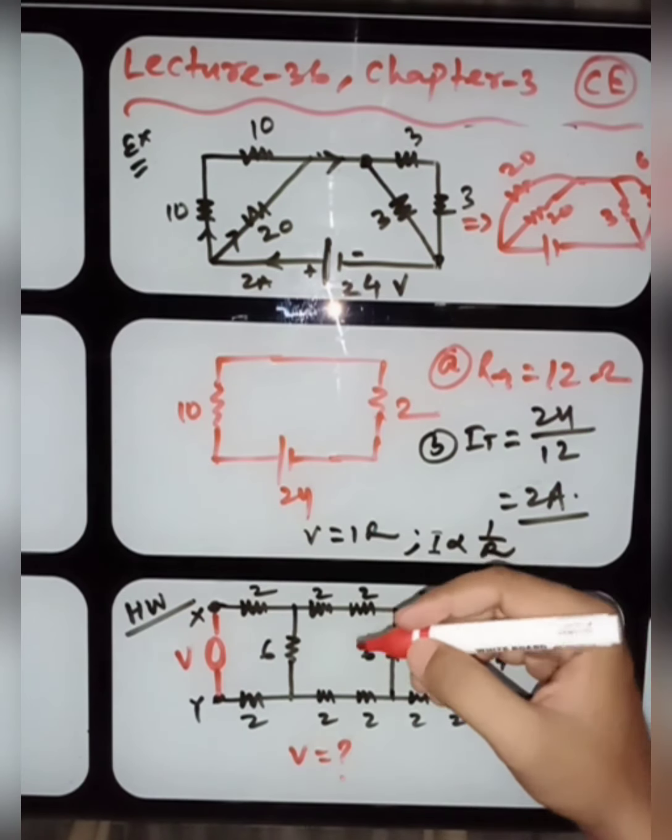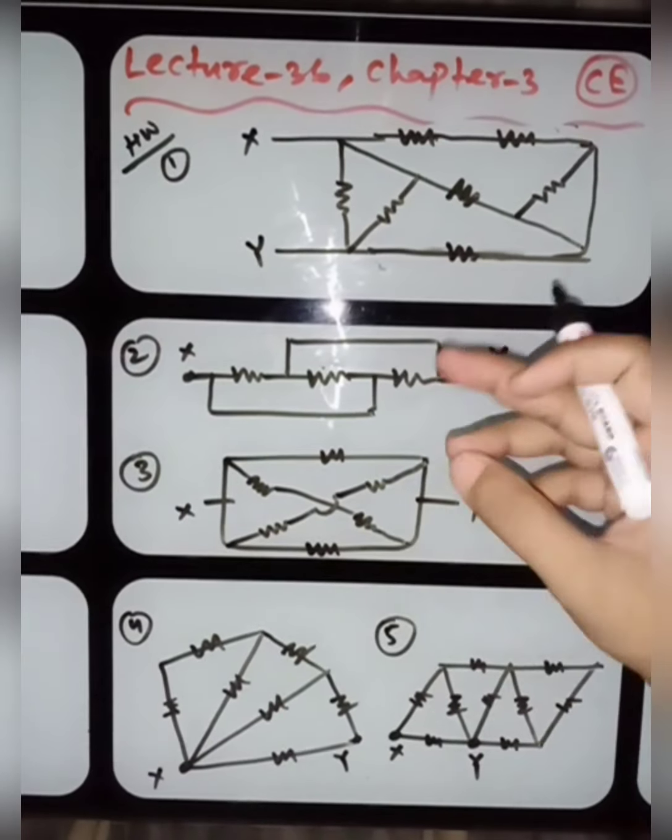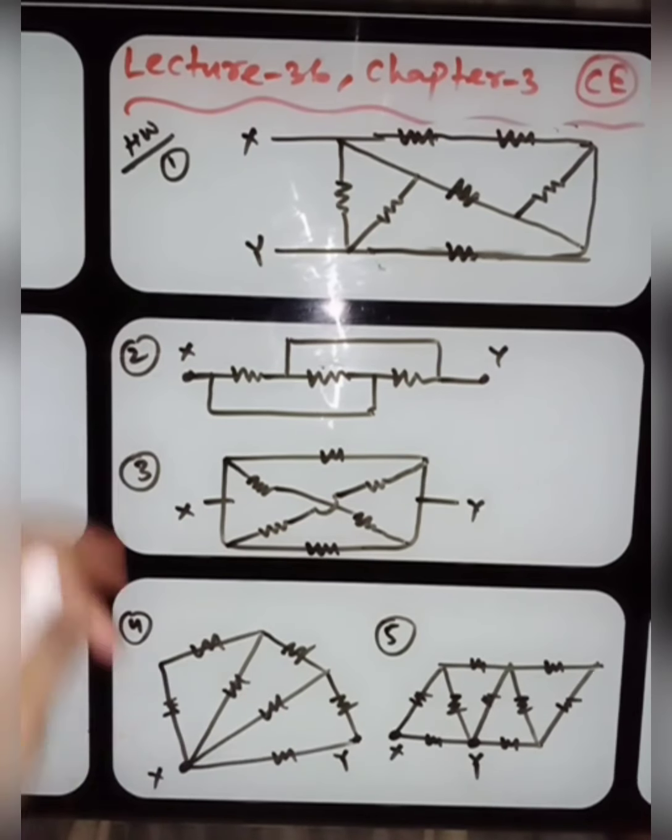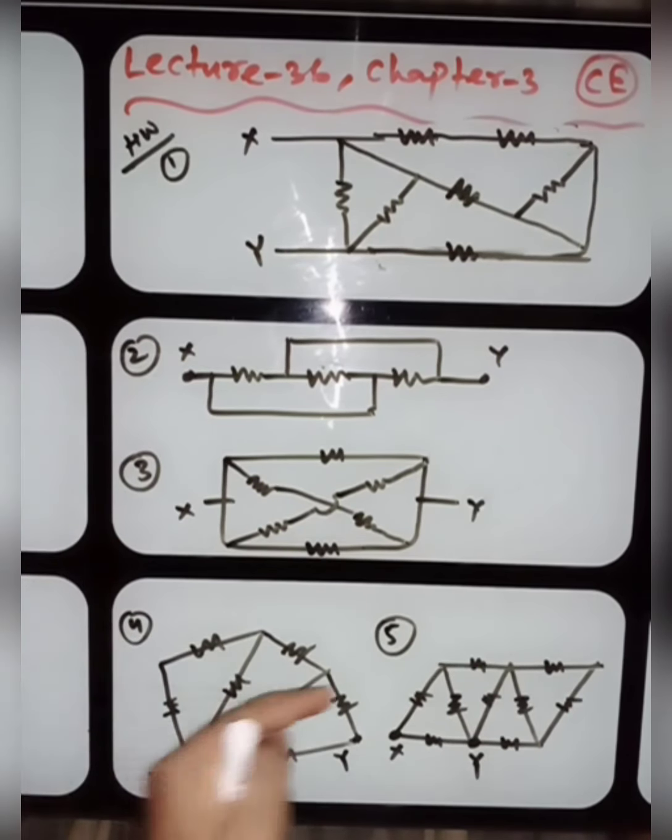Okay, now another homework. Okay, I'll give you homework after a few questions. Okay, I'm writing the homework over here by pausing the video, so it will not kill our time, student. This is your homework, my dear student. 1, 2, 3, 4 and 5.